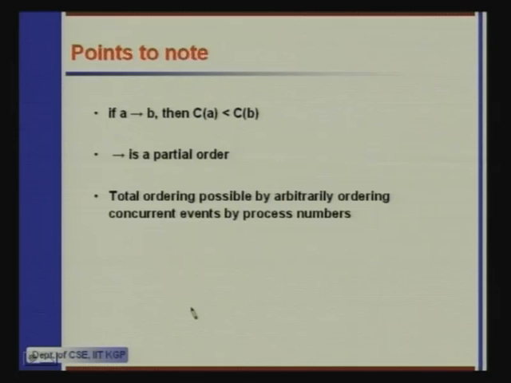There are some points to note. If A happened before B, then CA will be less than CB. Why?